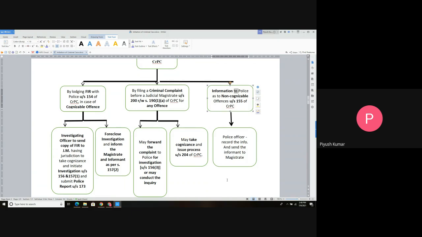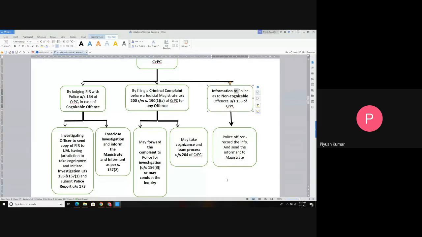He may decide that I do not think that this case is a fit case to be investigated because of XYZ reasons. However, there is a safeguard available if the police officer decides so, and that safeguard is that he has to prepare a report if he is not investigating the case.